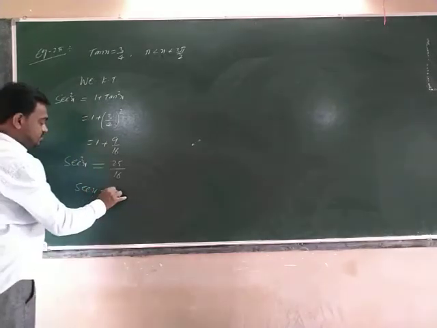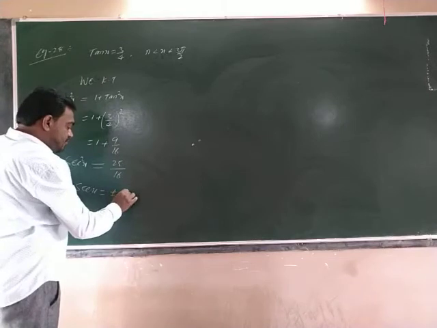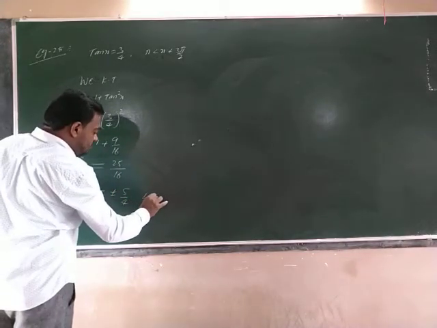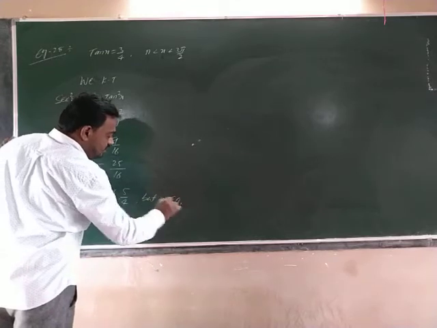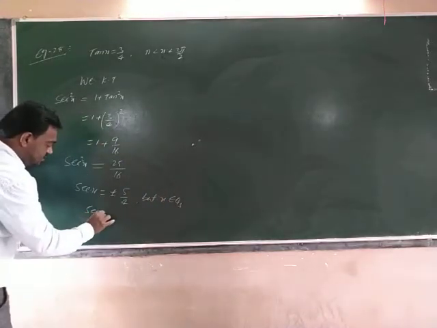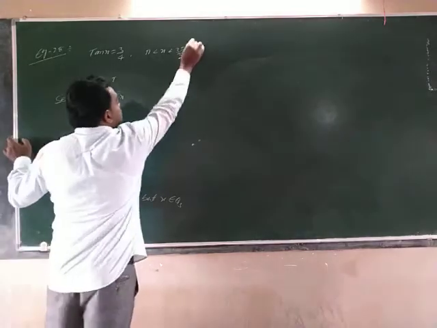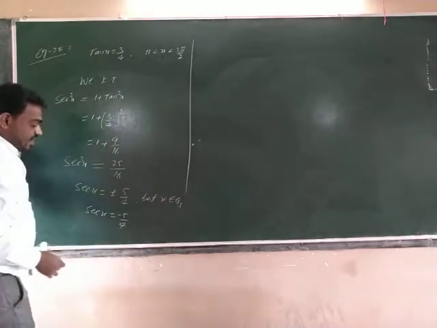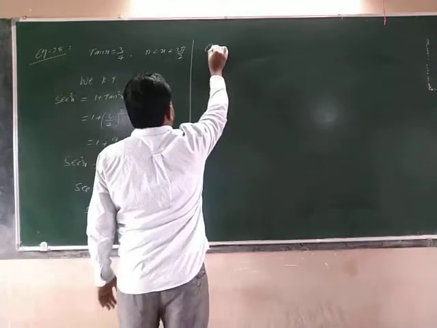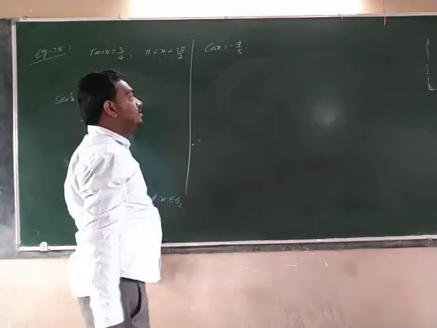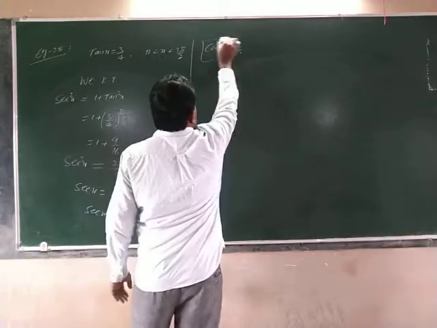Secant x is equal to plus or minus 5 by 4. But here x is in the third quadrant, where secant is negative, so minus 5 by 4. From this, secant x is equal to minus 5 by 4, so cos x is equal to minus 4 by 5. We got the cos x value here.